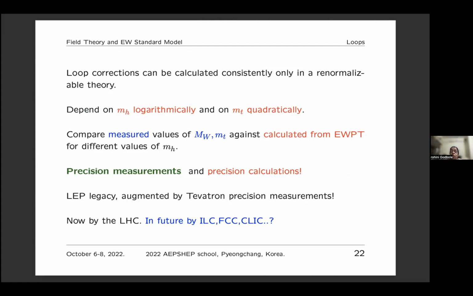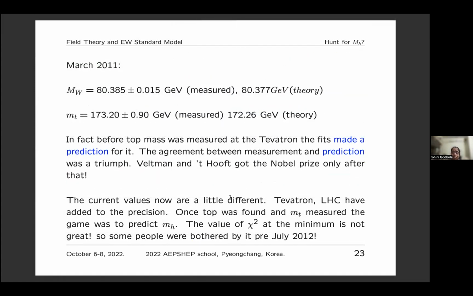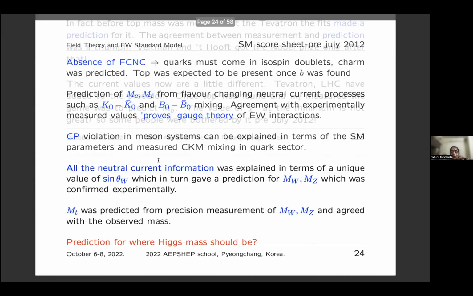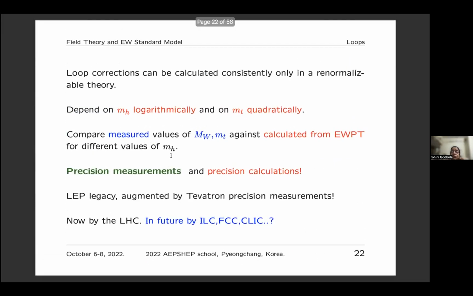Then you can see what is the goodness of the fit for different values of the Higgs mass, that is, you calculate chi-square as a function of the Higgs mass. And this is what we are going to see in the next few transparencies after I finish the discussion of the next few slides. So this requires precision measurements and precision calculation.